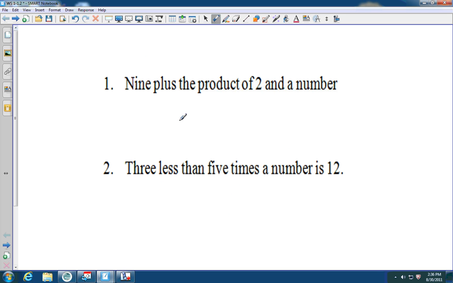All right, if we have this expression right here, 9 plus the product of 2 and a number. First off, it says 9, so I'll put the 9 above it. Then we've got plus. The product means to multiply. 2 and a number.